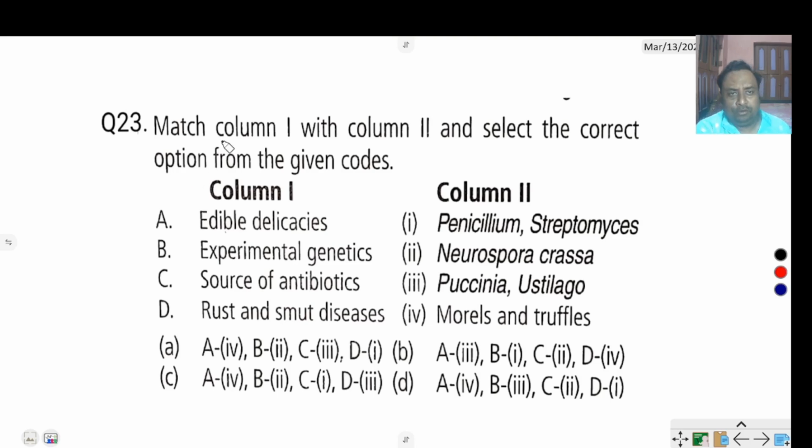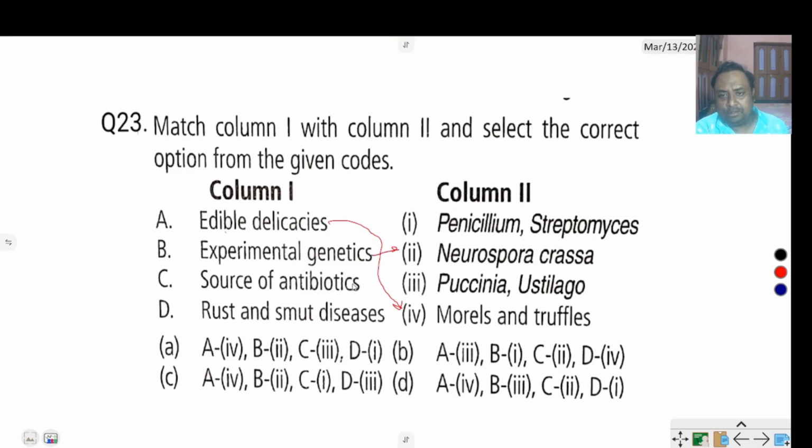Number 23. Match column 1 with column 2 and select the correct option from the given codes. Edible delicious fungi: morel and truffles. Experimental genetics: Neurospora crassa.